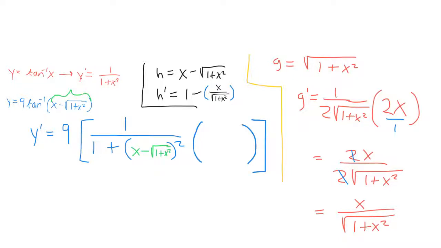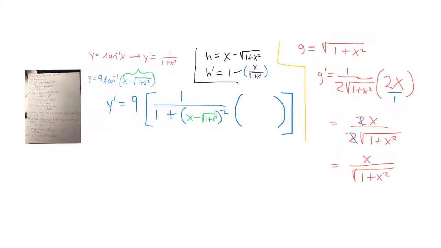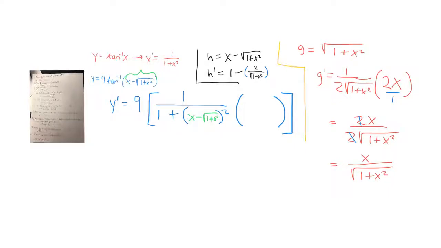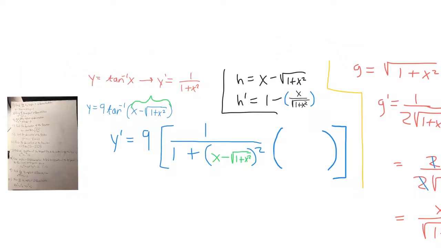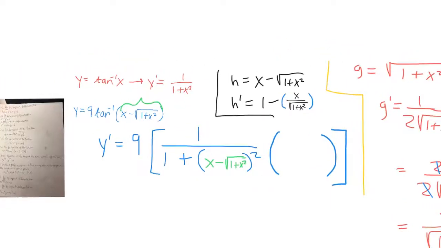Because again, it's 9 times the whole thing. According to the original problem, it's 9 times the whole thing, so we are sticking with that parameter. And the thing that goes here is 1 minus x all over radical 1 plus x squared.